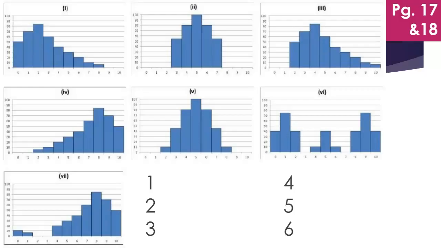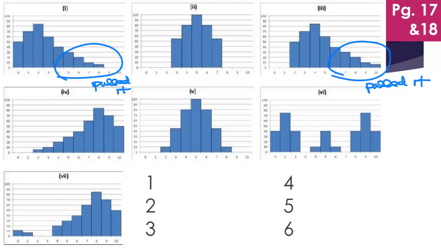Remember, if you have outliers, where do you have outliers? They're not really outliers, but it's definitely being pulled in this direction, right? It's being pulled to the right. This is being pulled to the right. This is being pulled to the left. This is being pulled to the left. So the question is, which of these has a mean, an average, that is greater than your median?